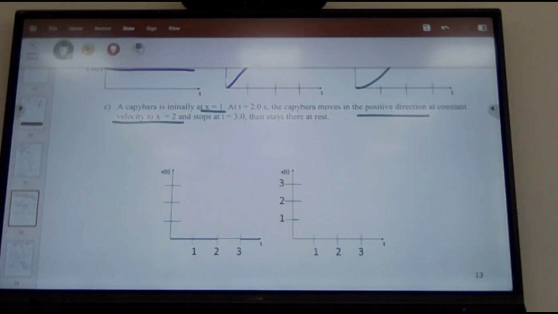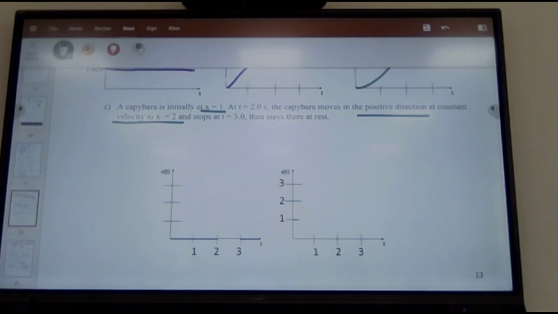You read the question again. Anyone else? Initially, it was equal to 1. But the velocity starts after t equal to 2.